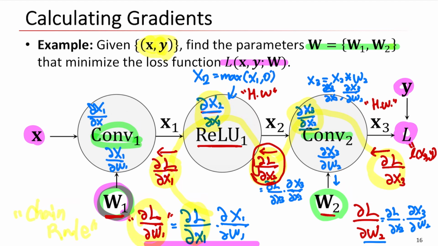As I mentioned previously, you don't need to compute this yourself because your library will do this, but please try to derive this yourself to understand what's going on in your network. Okay, so this is how to compute the gradient.